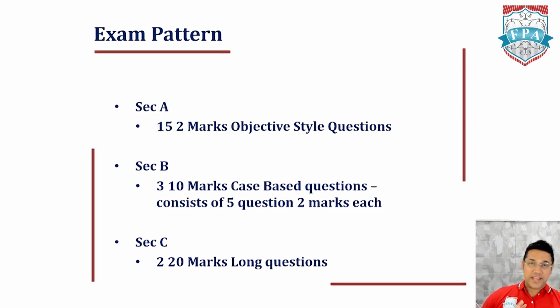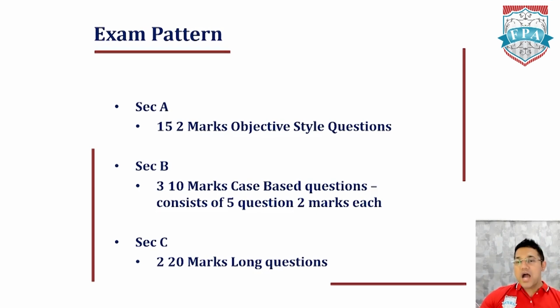How do you go about recognizing revenue? So there could be theory as well as numericals in there, but there will be 3 case studies, with 10 marks in each case study, and 5 questions in each case study. So you can see 15 questions, 2 marks each, 30 marks in section A, and then you've got 3 case studies, 10 marks each, 30 marks again in section B. So that's your total 60 marks.